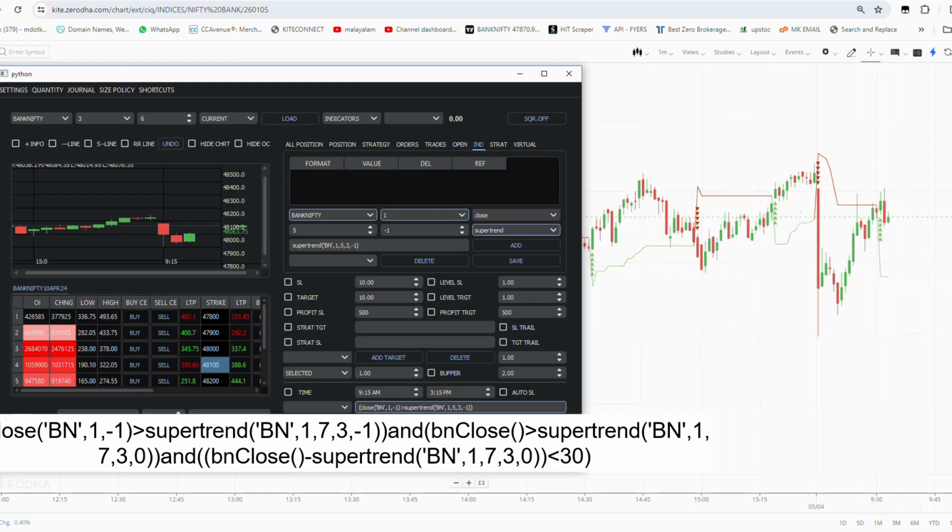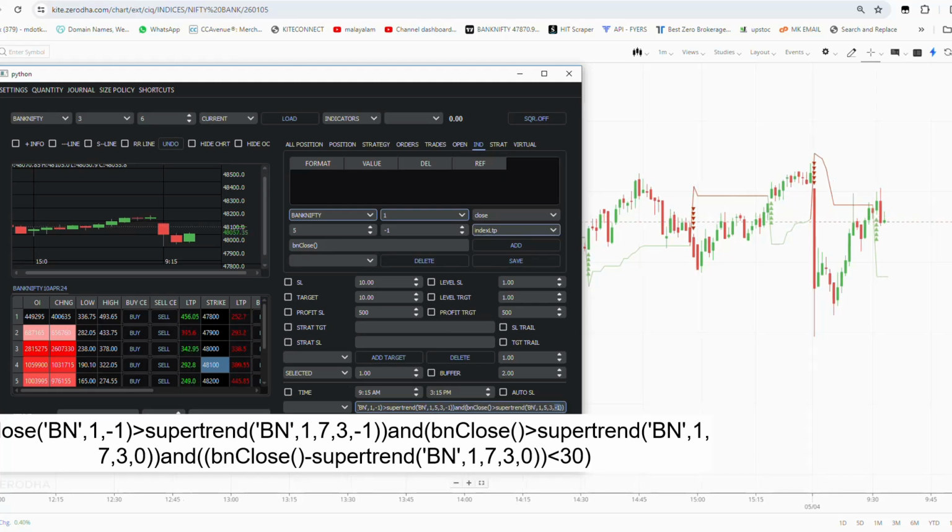And the next condition is add. The next condition is that our current price should also be above the SuperTrend, meaning the index LTP. Change the -1 to 0 because it is comparing our current SuperTrend value with the current LTP.